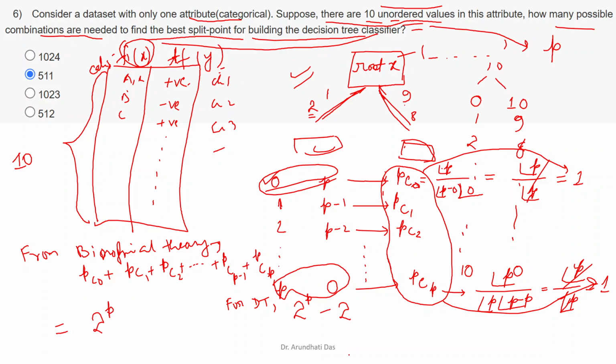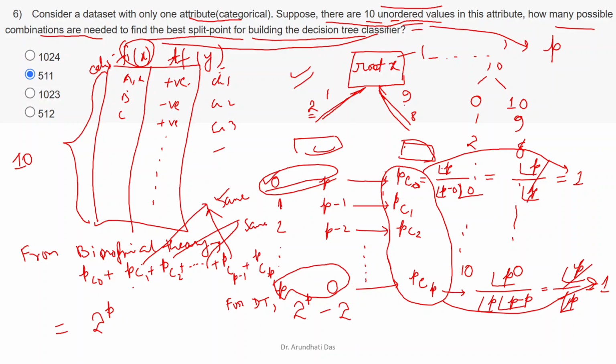Then another thing we can see from these combinations is that PC1 and PC(P minus 1) are technically the same. Similarly, PC2 and the second last term, not the third last term, will also be the same.